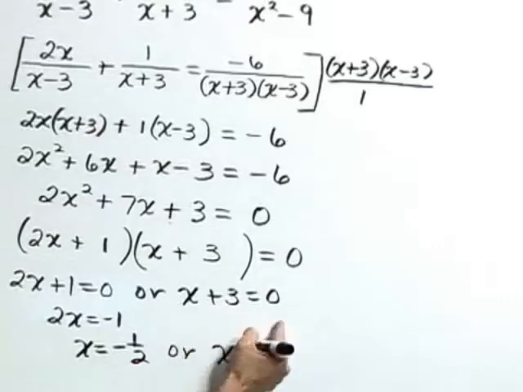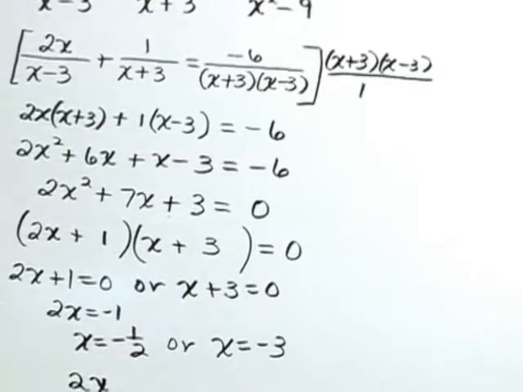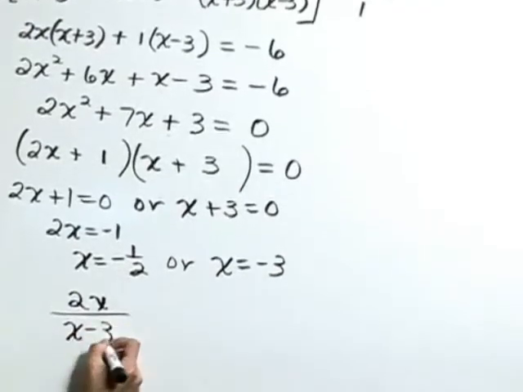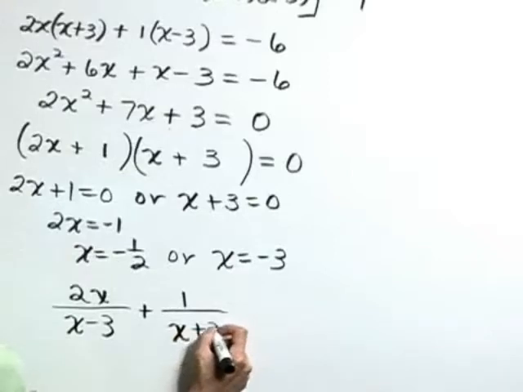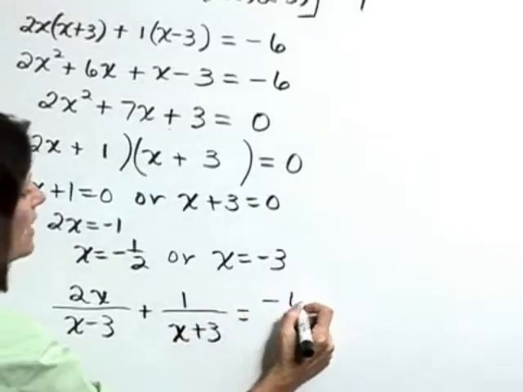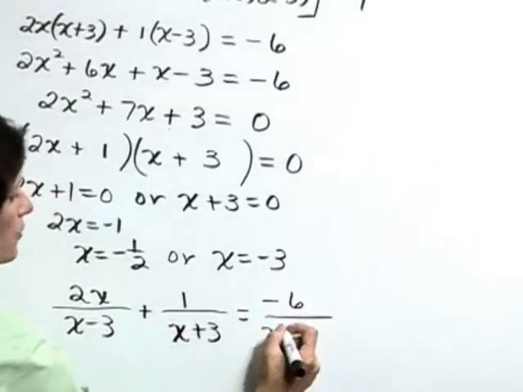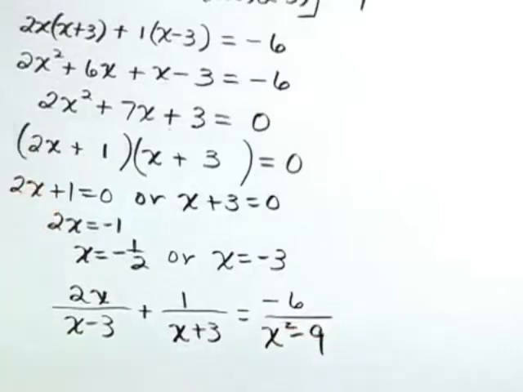Now, one thing we have to be careful of is making sure that our proposed solutions do not cause a 0 in any denominator of the original equation. Let me just rewrite it down here. It was 2x over x minus 3 plus 1 over x plus 3 is equal to negative 6 over x squared minus 9.